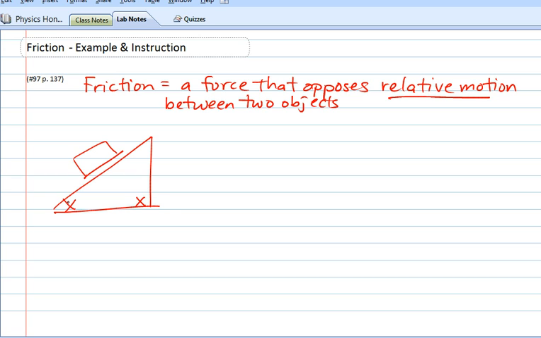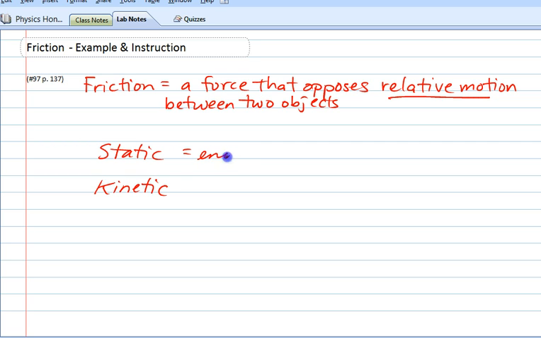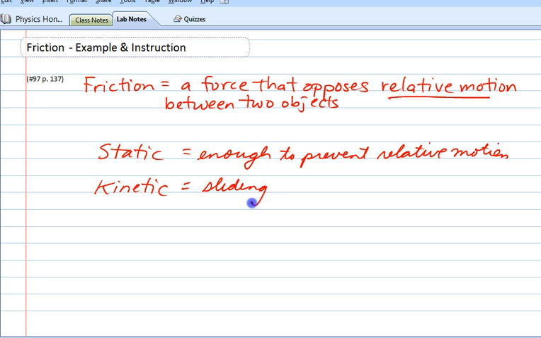Okay, so there's two types of friction that we can talk about: static and kinetic. And the names are pretty self-explanatory. Static is basically friction that's enough to prevent relative motion. And kinetic is basically sliding or moving friction.